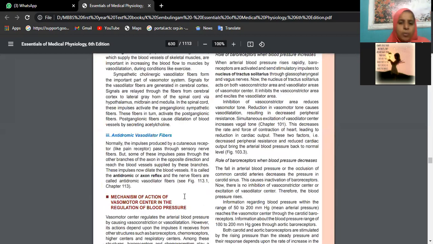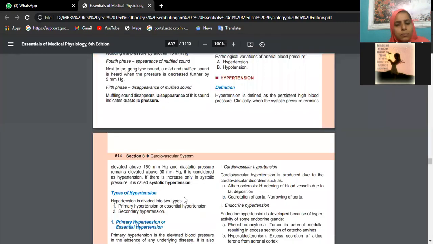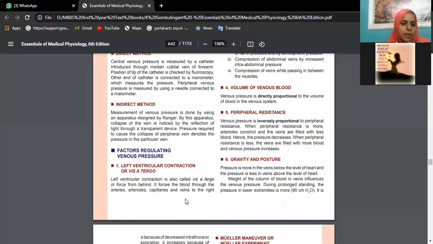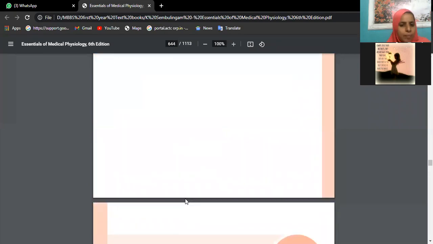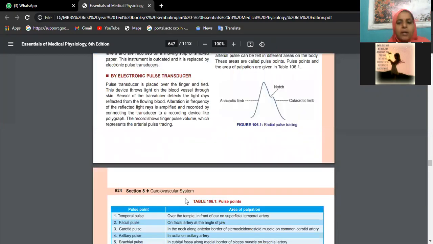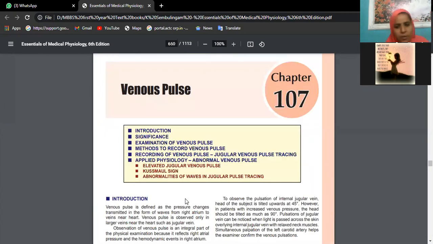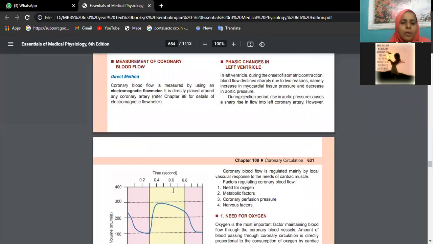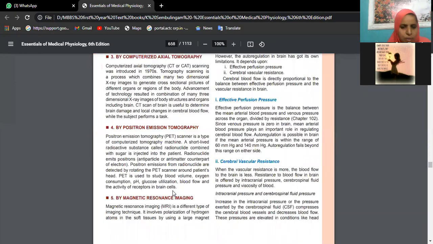What is cardiac output, Ritika? The amount of blood pumped by heart in 1 minute, per minute, isn't it? That means from right ventricle, the amount of blood which is pumped into pulmonary trunk. From left ventricle, the amount of blood which is pumped into aorta, isn't it?